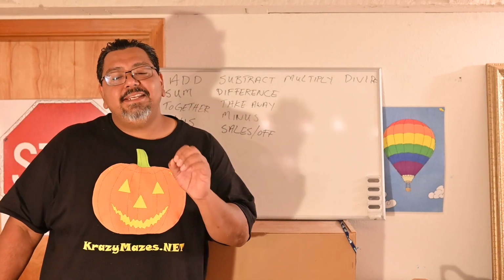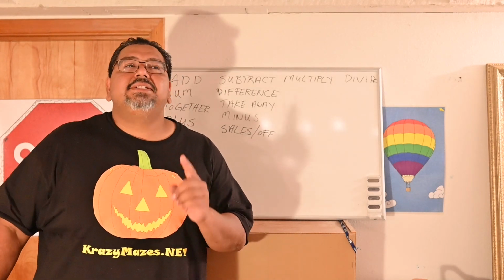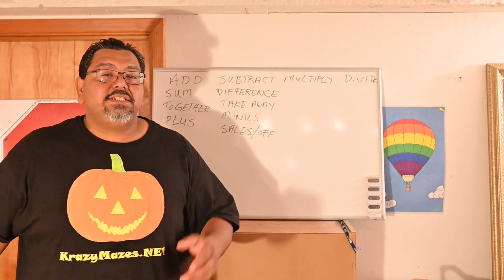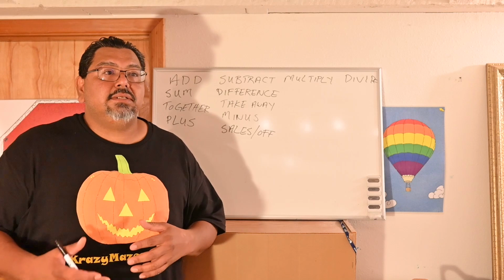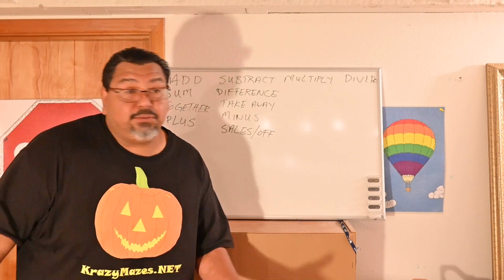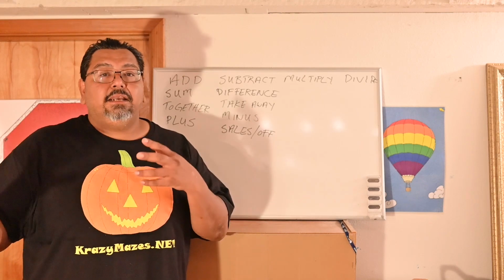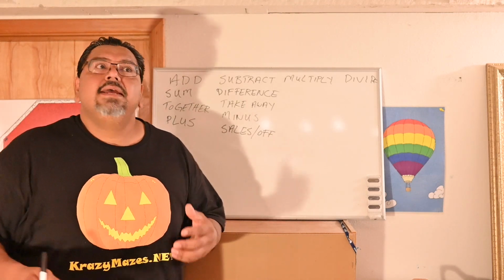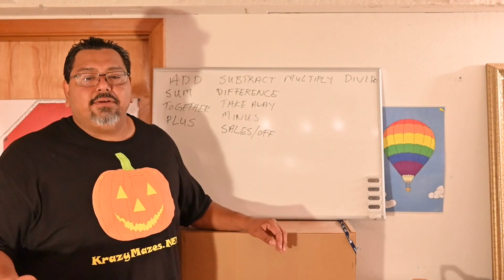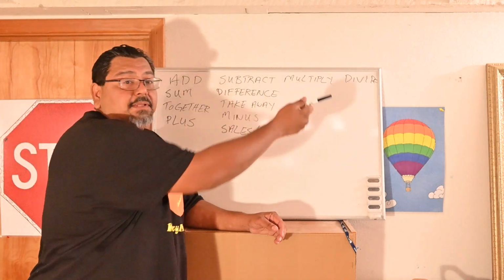Multiply is a really interesting one. So this one is just kind of generalized. So don't take these words and say, this is what he said, it has to mean that. No. Think about what they're saying. Think about what the problem is asking for. And figure it out. Use one of these, the add, subtract, multiply, or divide.